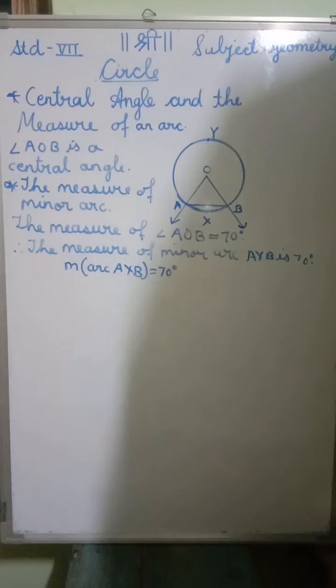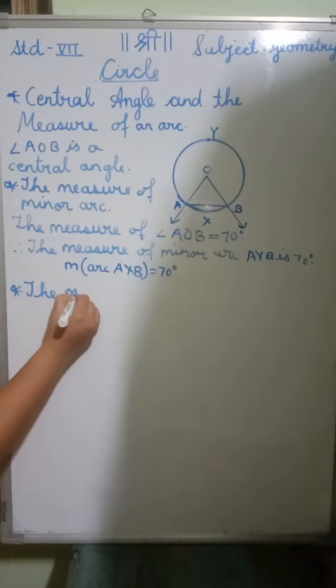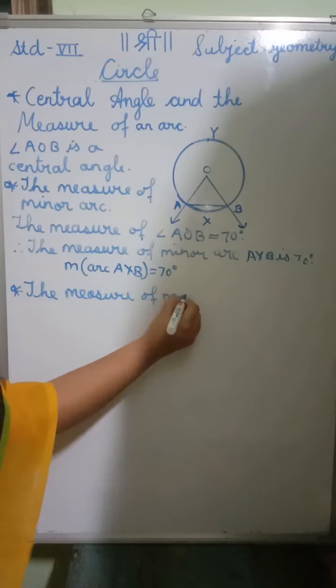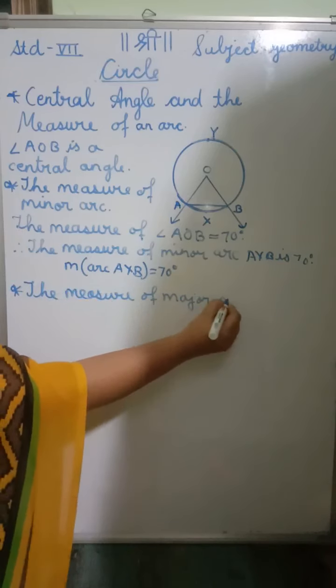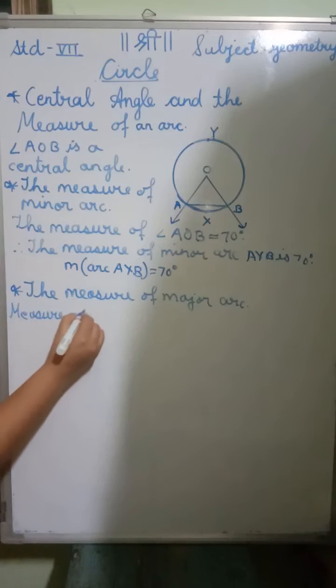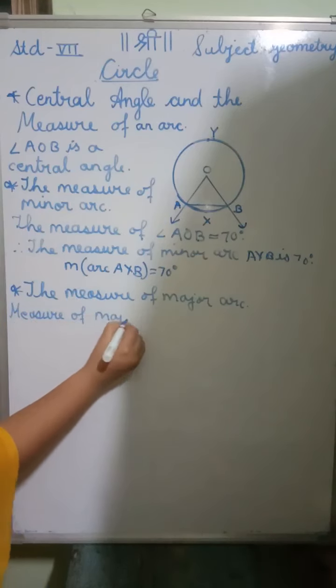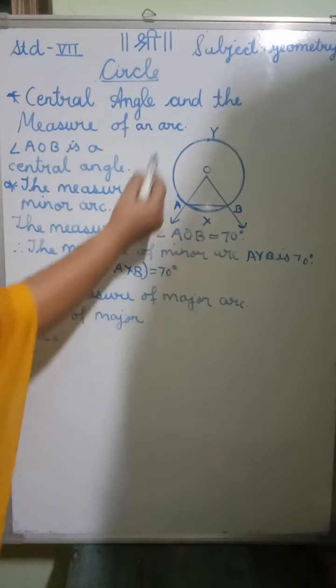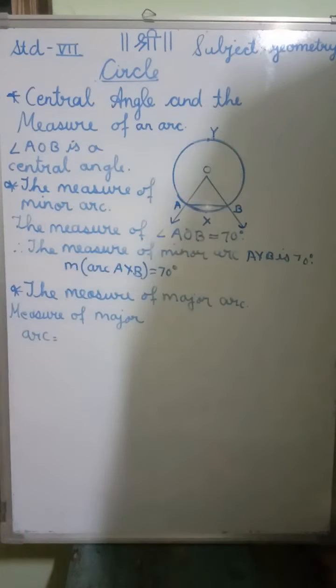Now we will learn how to find the measure of a major arc. For that, first we'll write the formula. See, it is measure of major arc is equal to, I am taking it down because it will be a long formula. See, the complete circle's measurement is how much?